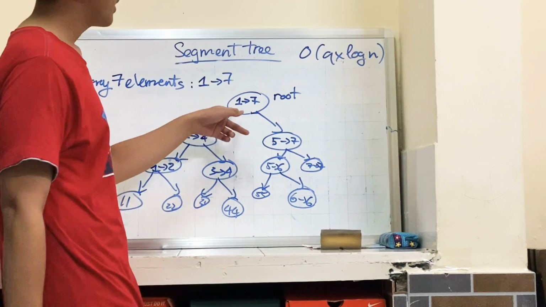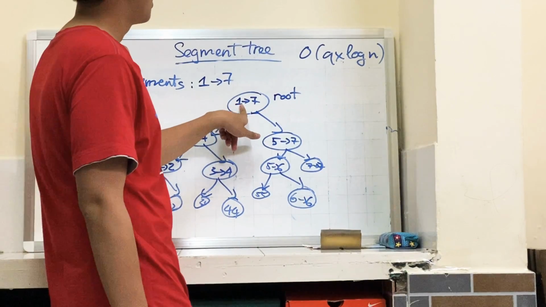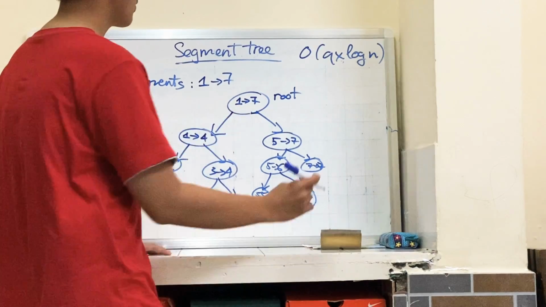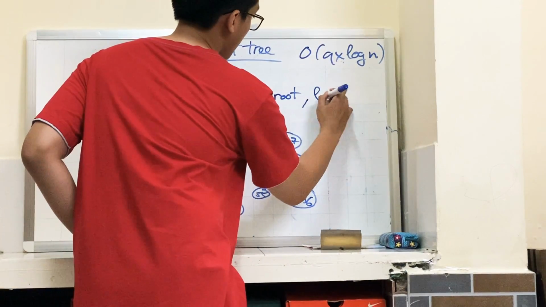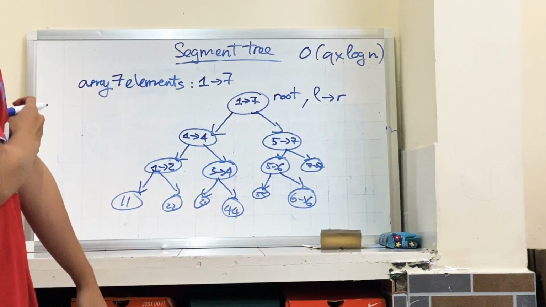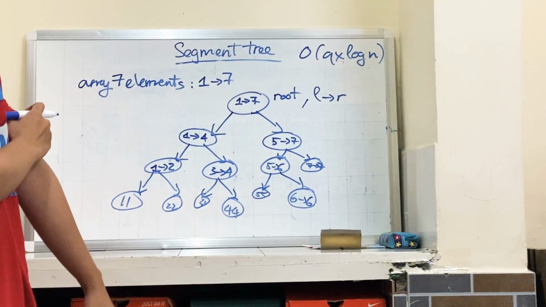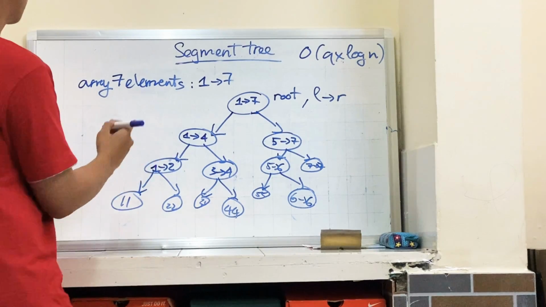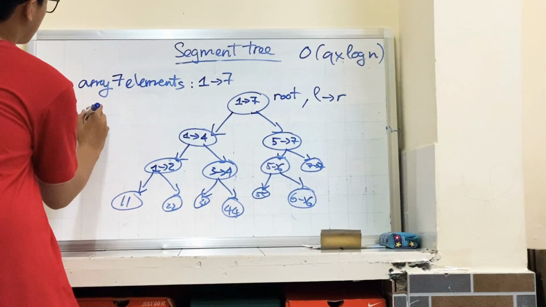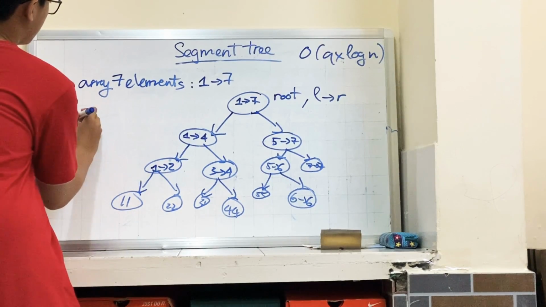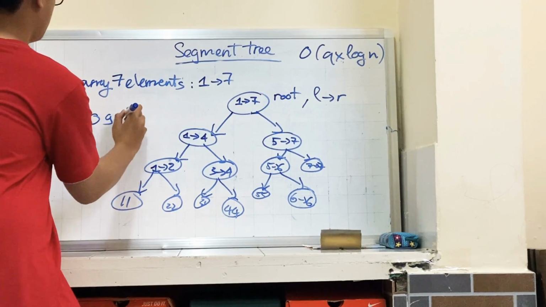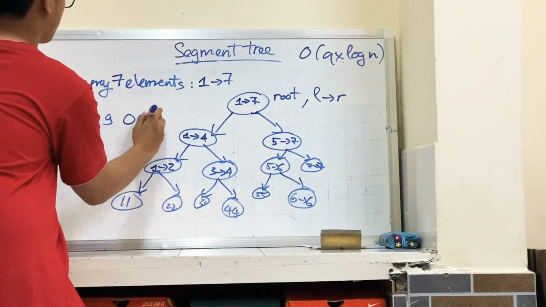Each node holds the value of the interval from L to R. For example, we have an array of 7 elements: 1, 2, 0, 9, 0, 0, 2.